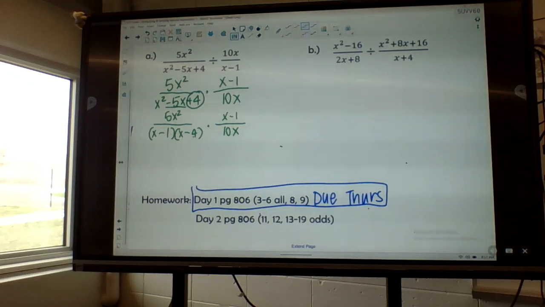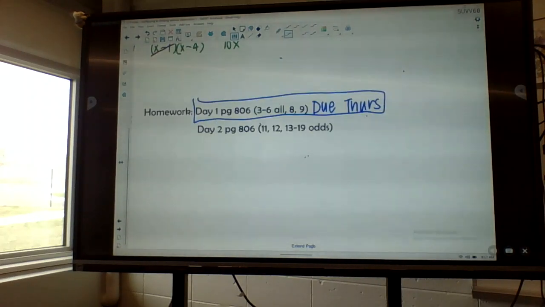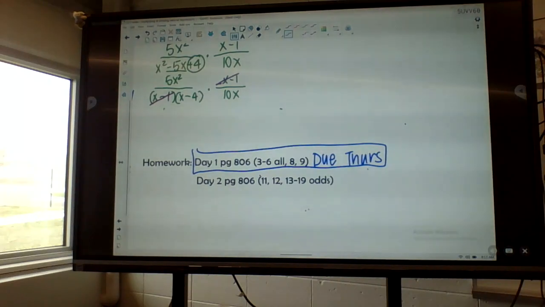All right, so now we're ready to do some canceling. And again, this x minus 1 can cancel with this one because they're both kind of on their own. So what's going to be on the top is the 5x squared. And again, I like writing the monomial by itself first.